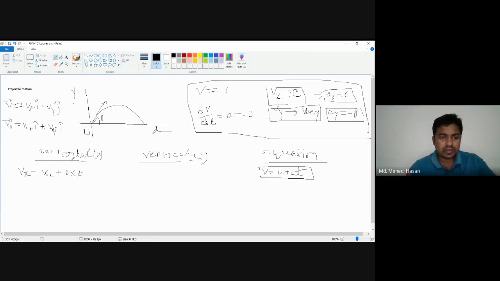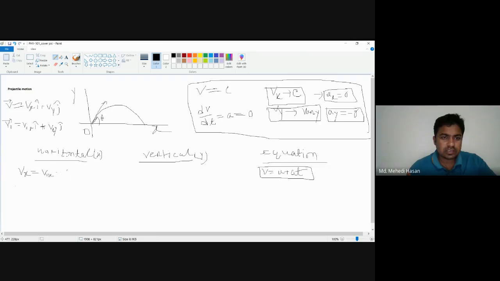Because acceleration along the horizontal plane is 0, vx equals v naught x. So this is the first equation in the horizontal plane.